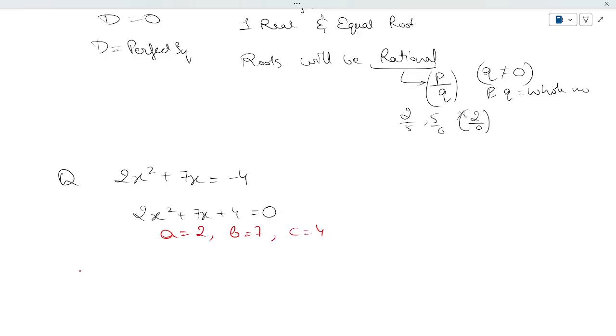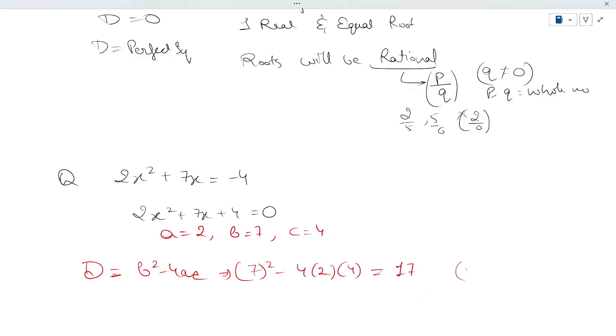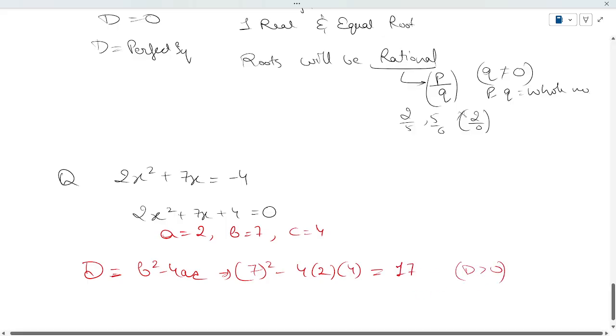First we have to find the discriminant. Discriminant tells you the nature of roots. B square minus 4ac, with B as 7, A as 2, C as 4, gives 17. Here D is greater than 0, so roots will be real and distinct.